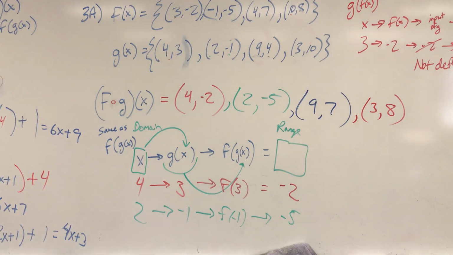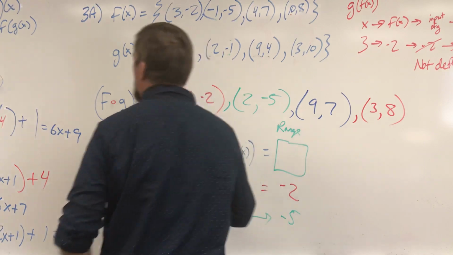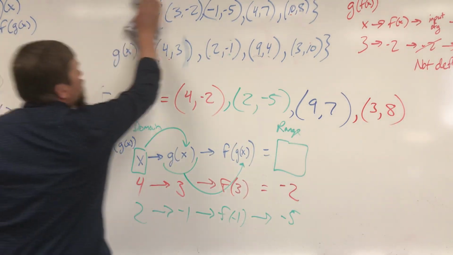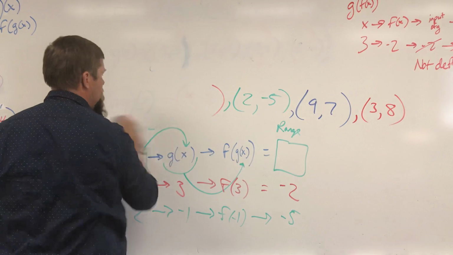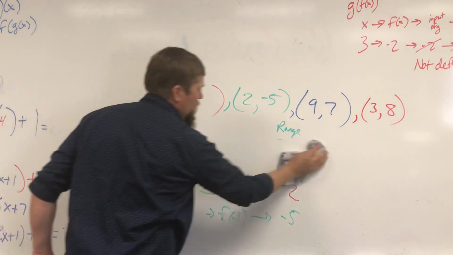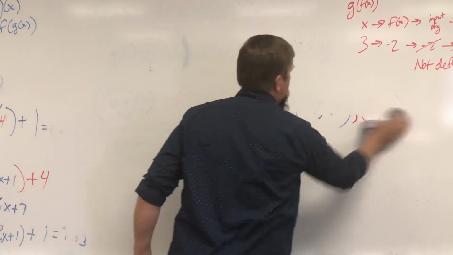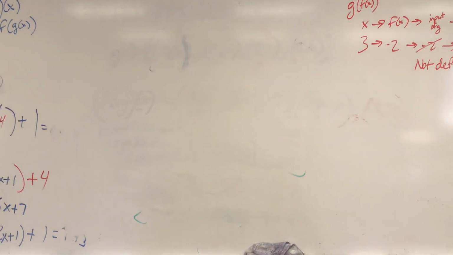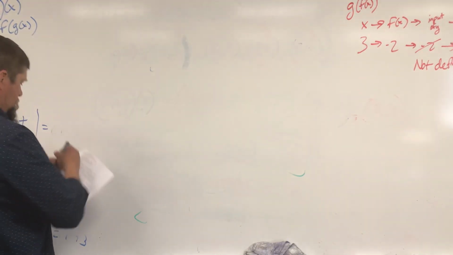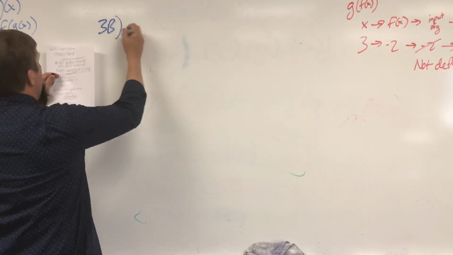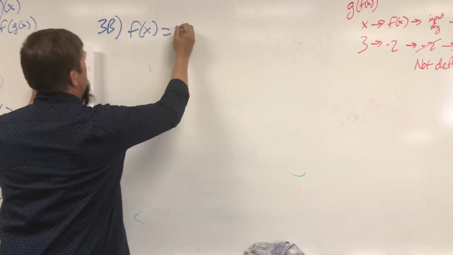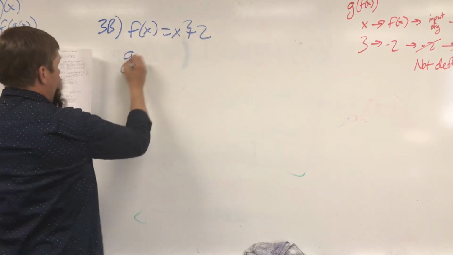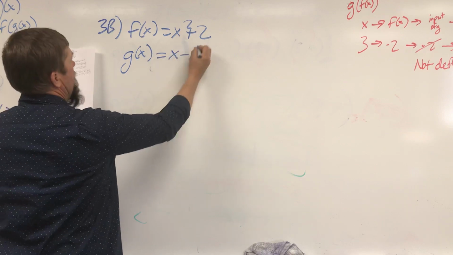Okay, let's go ahead and try example 3b. 3b is just like the one we did over here to the left. So let's try that. f of x is equal to x squared plus 2. g of x is equal to x minus 6.